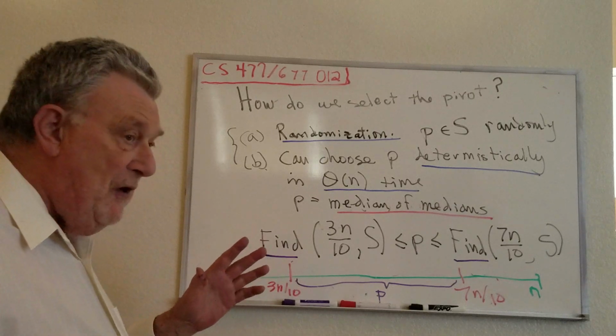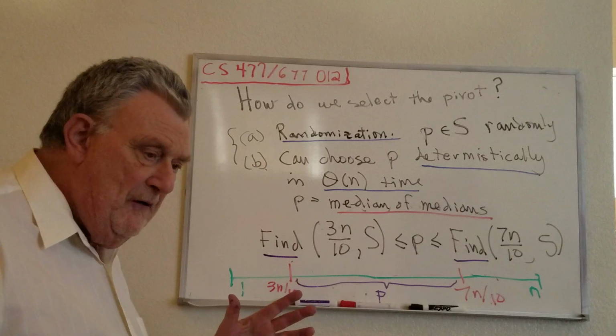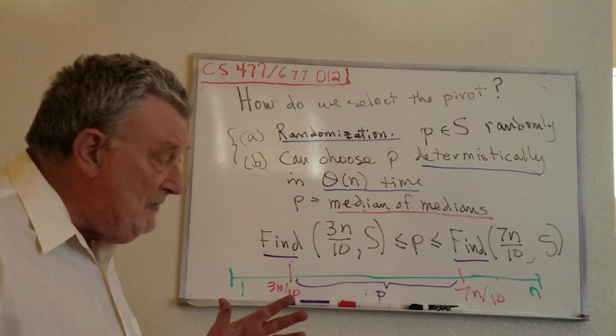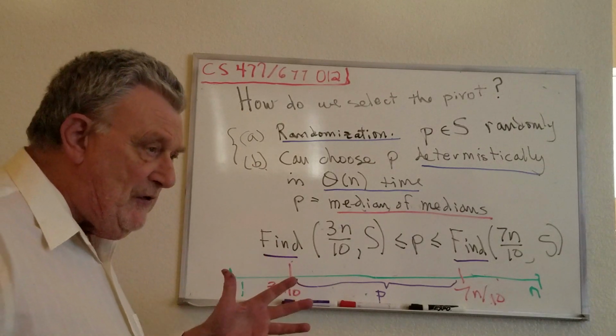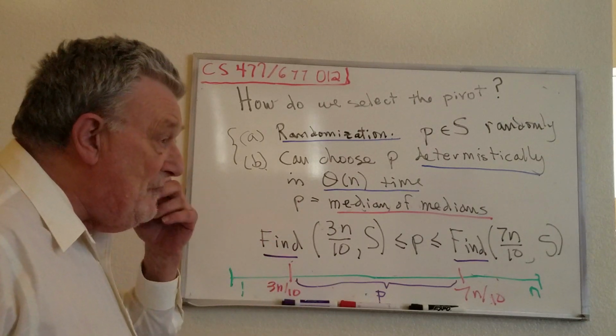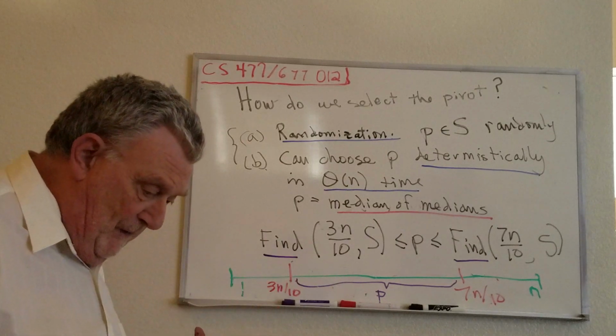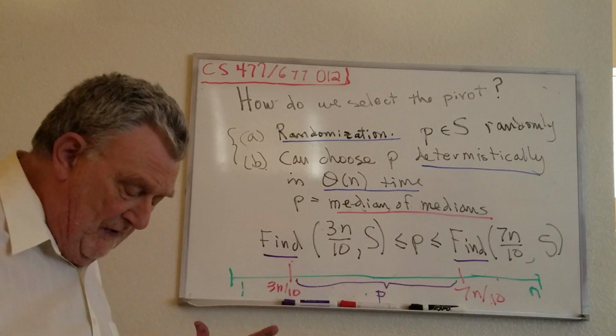And so on the average, it converges in only approximately log n recursive calls, actually O of log n recursive calls. And each recursive call costs O of the size of the set we're using now.